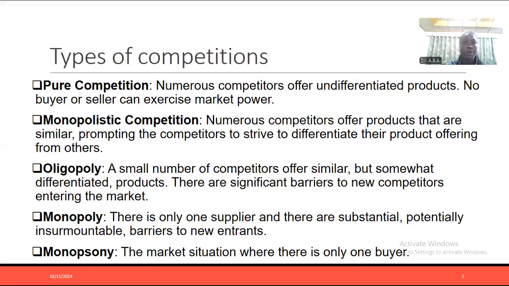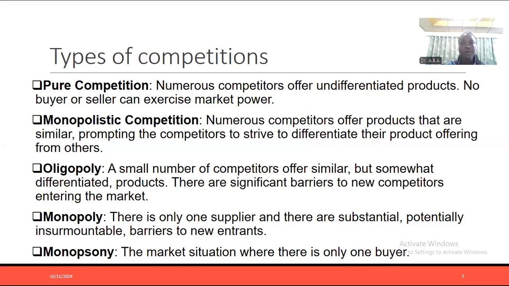So talking about competitors, there are several types of competition that can be experienced within the market. We have the pure competition. The pure competition is where you have several competitors and all of them are offering mostly the same products, not differentiated. All right.